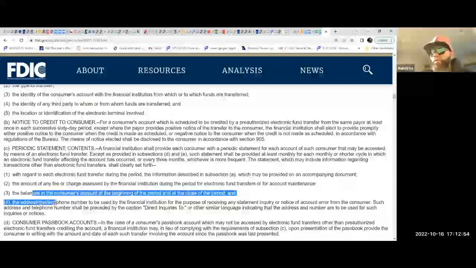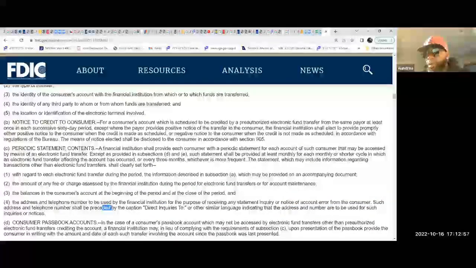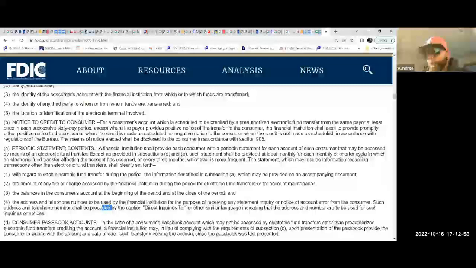And the address and telephone number to be used by the financial institution for the purposes of receiving any statement inquiries or notices of account error from the consumer.